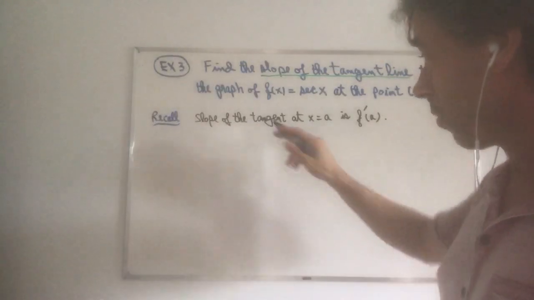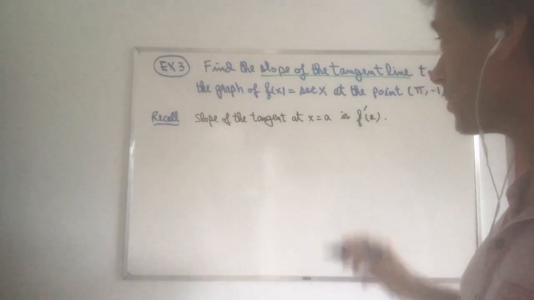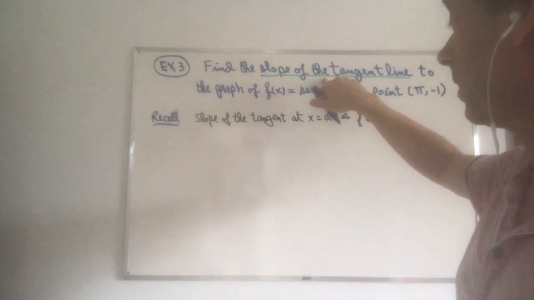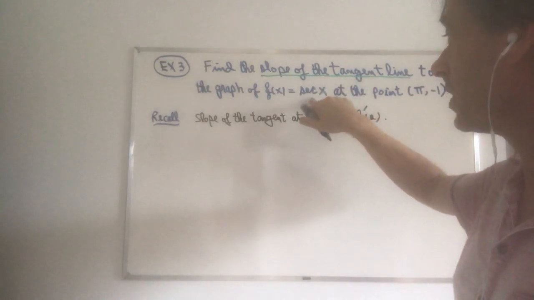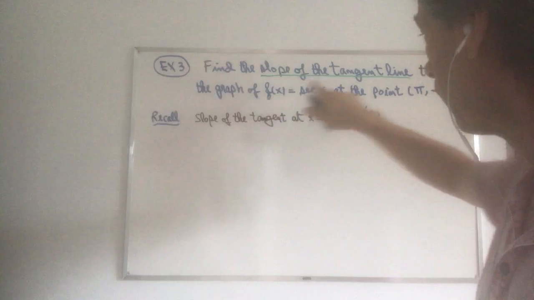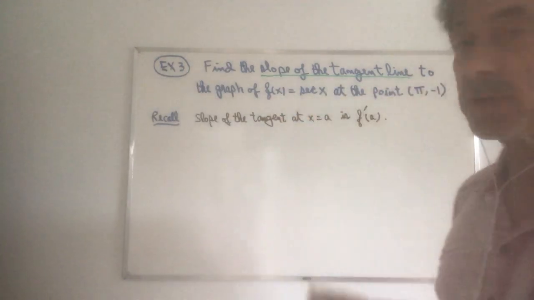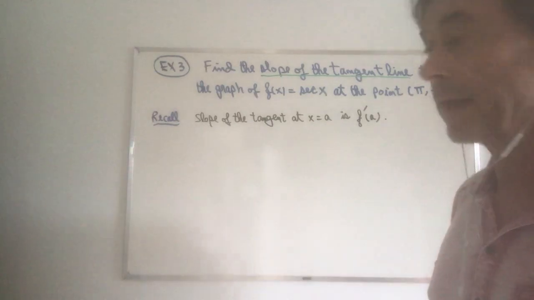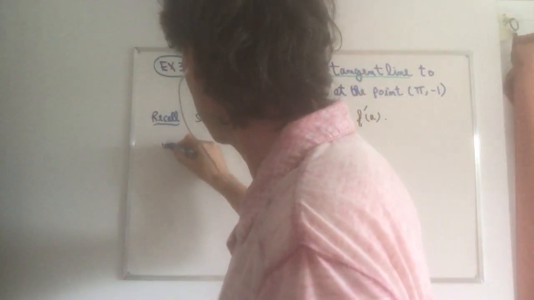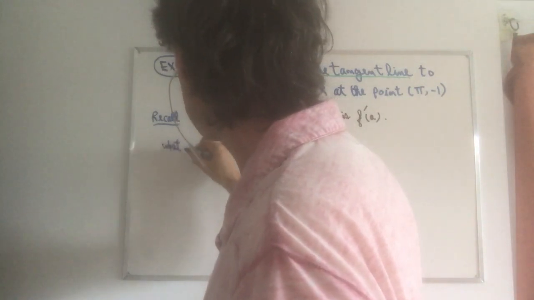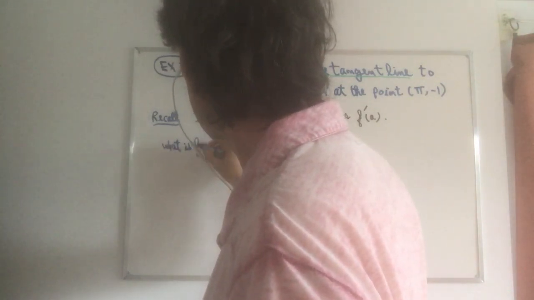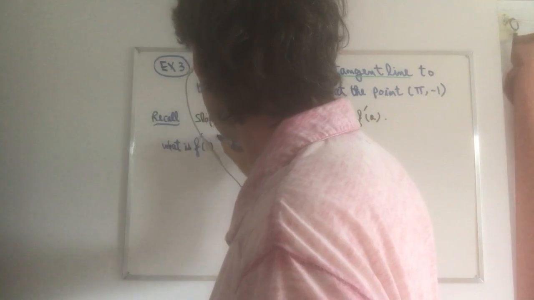Okie dokie, so I guess the first order of business is to find the derivative of the function secant x. Once we have that, we can plug in the point pi comma minus 1, and that should give us the slope of the tangent line at the point pi. So, what is f prime of x?